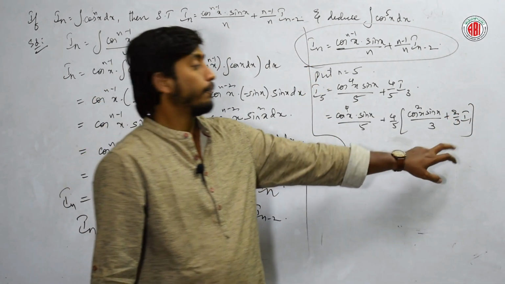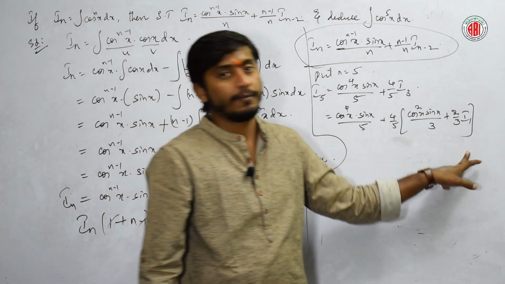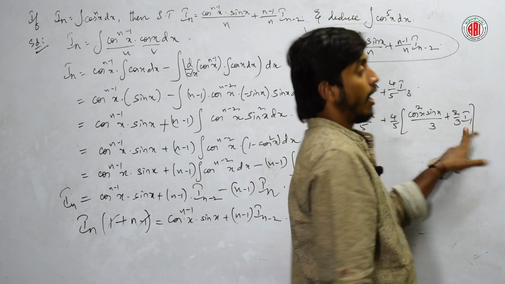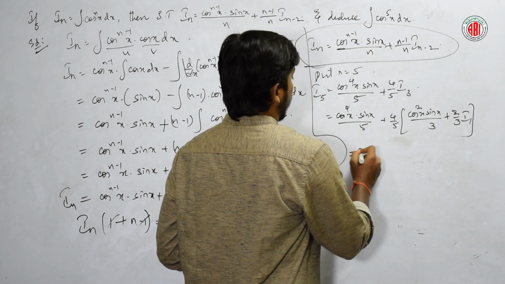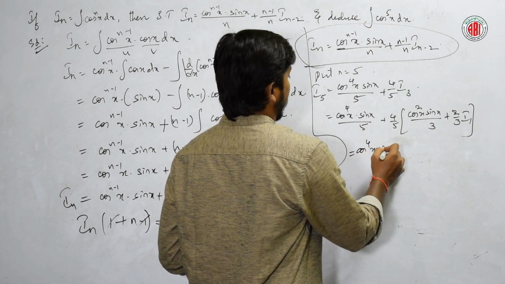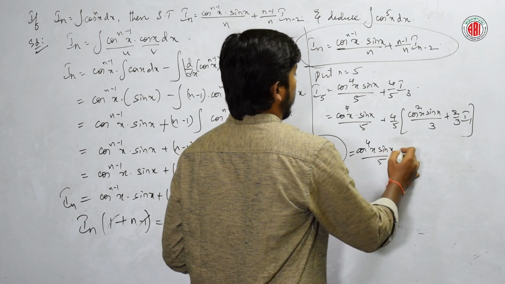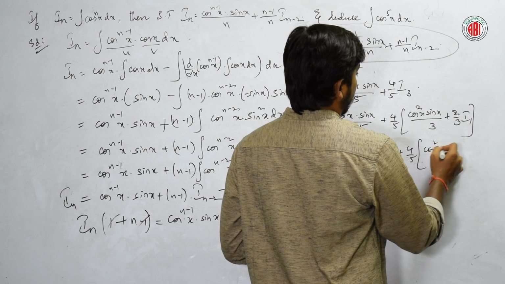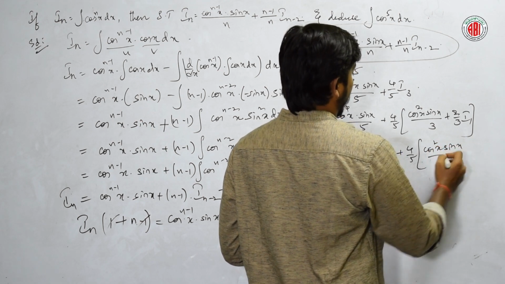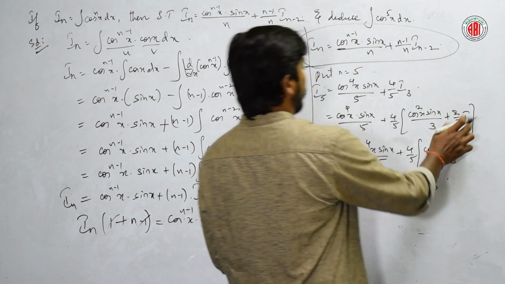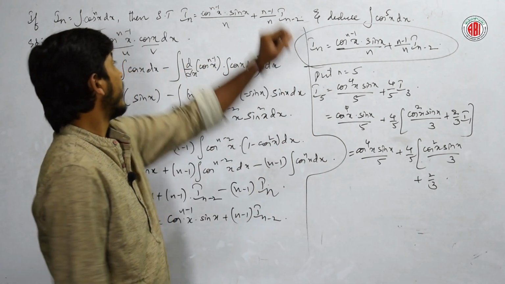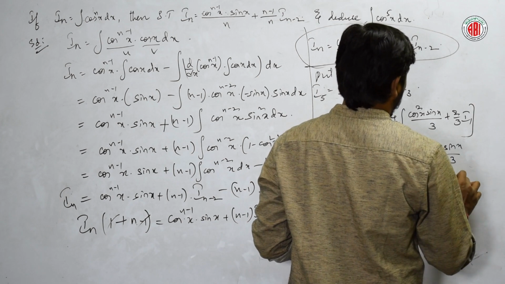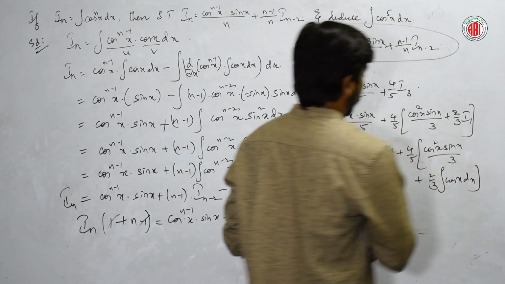Is it clear? No more difficulties still here, right? So, let us find this I(1) now. What is it? cos^4x sin x by 5 plus 4 by 5 into cos²x sin x by 3 plus 2 by 3 into the integral of cos x dx.